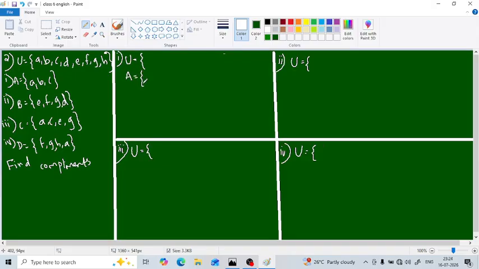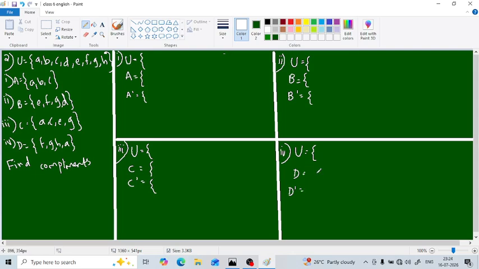We have to state what A is, then only we can write A complement. Here we have to state what our B is, that is the hypothesis. U and B form the hypothesis of the second one, then we can write the complement. Similarly here C and C complement are needed also. Here D and D complement.